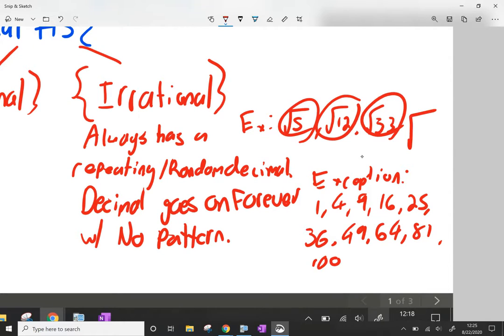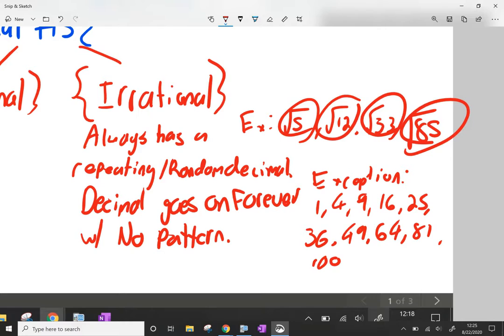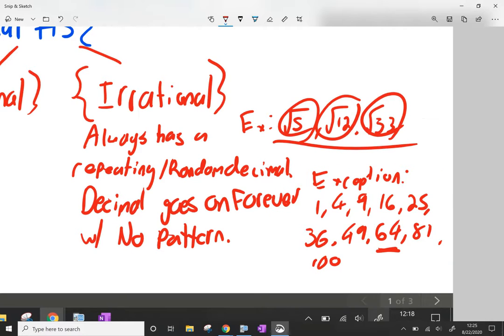If I say the square root of 85, again, 85 is not on this list, so that number is irrational. But if I say the square root of 64, 64 is on that list, so it's not irrational, okay? So just make a note of this list, because if you see square roots of any of those numbers, those are the only ones that won't be irrational. But a square root of anything else will be irrational.